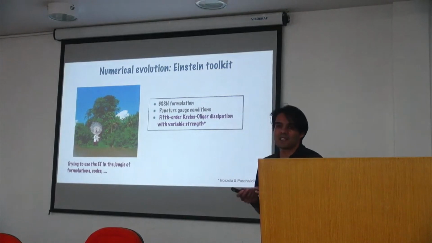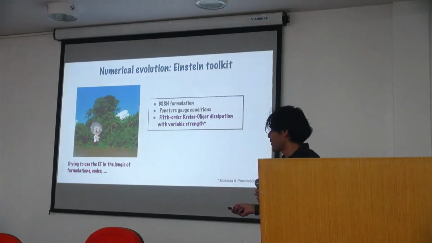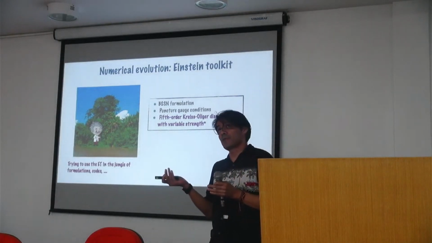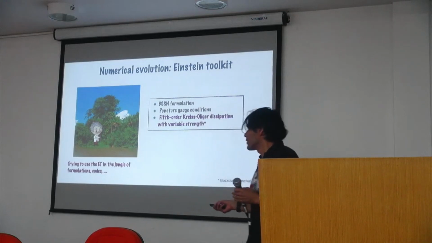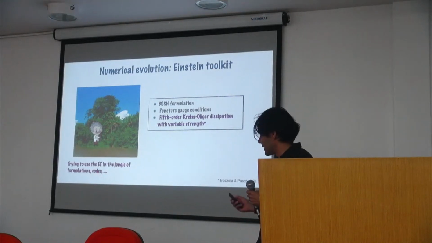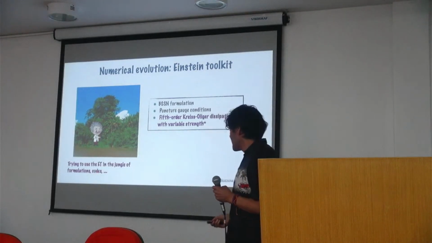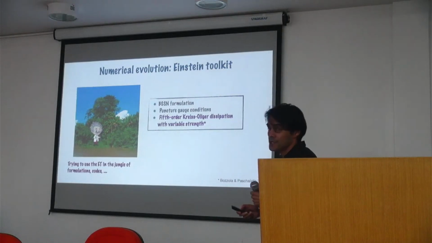The Einstein Toolkit is a huge code where you have many thorns, many formulations, for example the BSSN, the CCZ4 formulation, the Z4c formulation. You have different thorns to do the evolution, and many equations of motion for the shift. Essentially, I just want to summarize what we have been using. We have the BSSN formulation, the standard one.